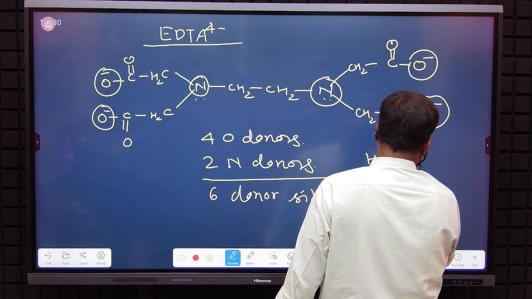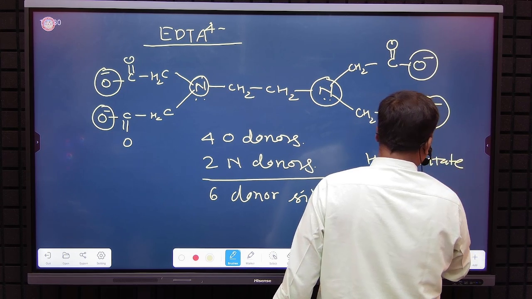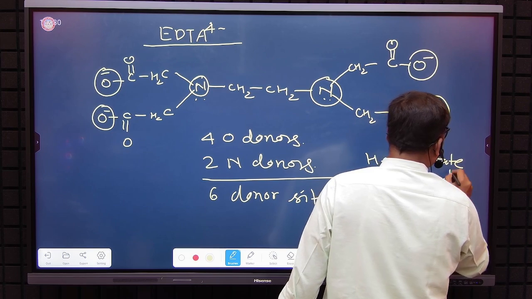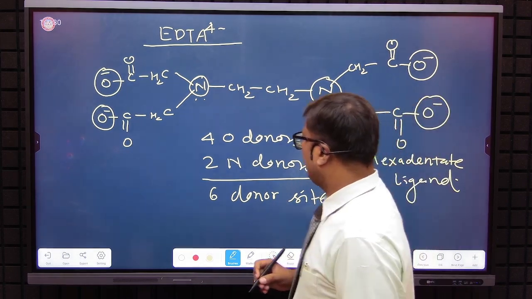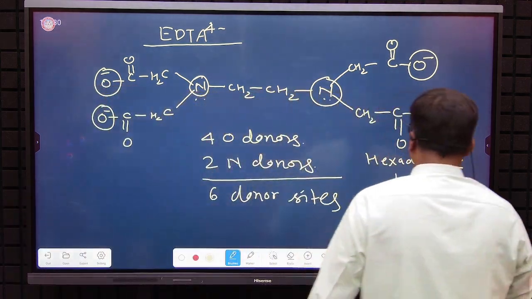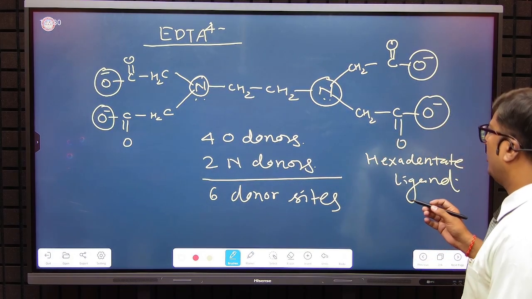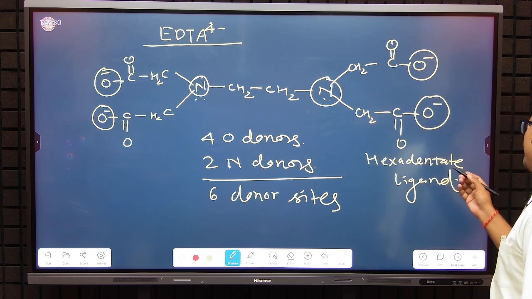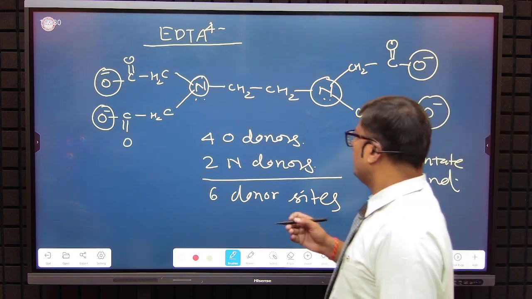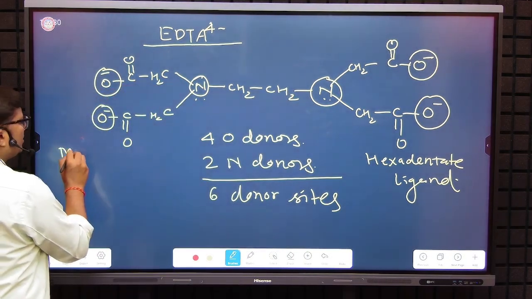So this is called a hexadentate ligand. So hexa means there are 6 donor sites which can bond together with a particular metal cation. So here we have adopted Mg2 plus.